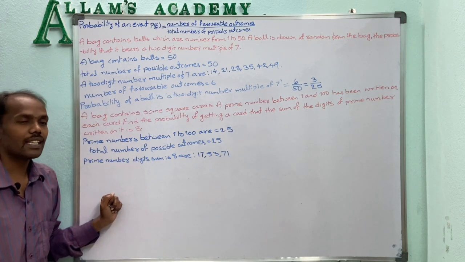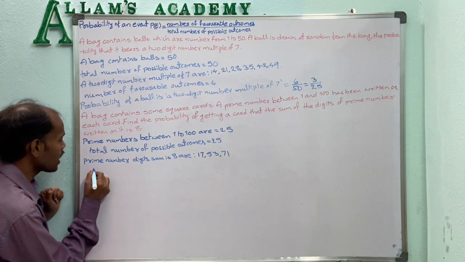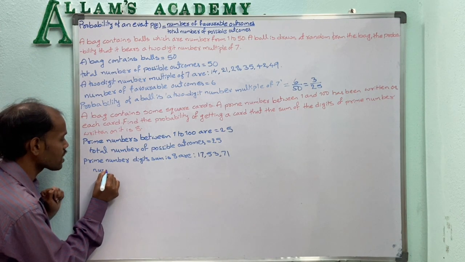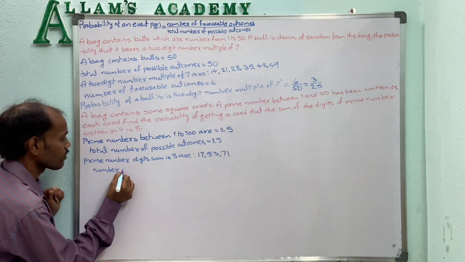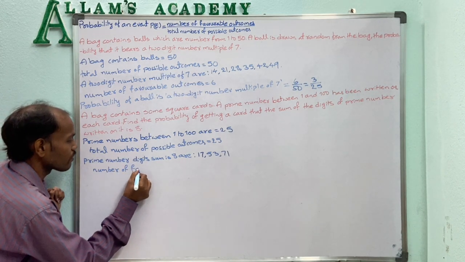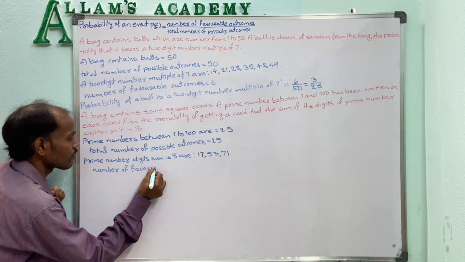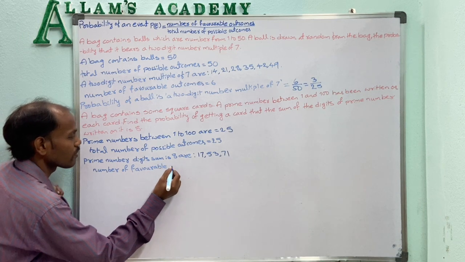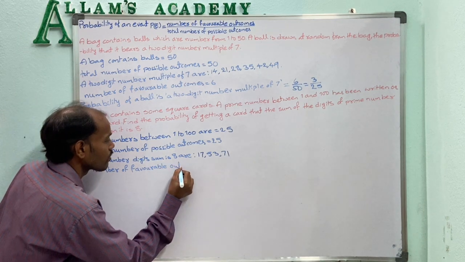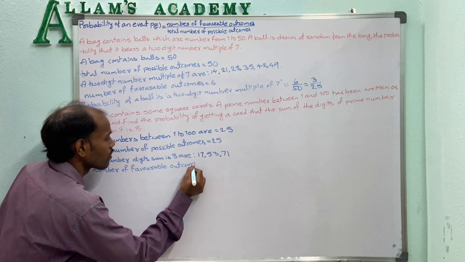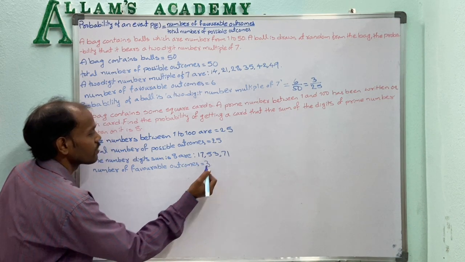There are 3 numbers. That means the number of favorable outcomes is 3.